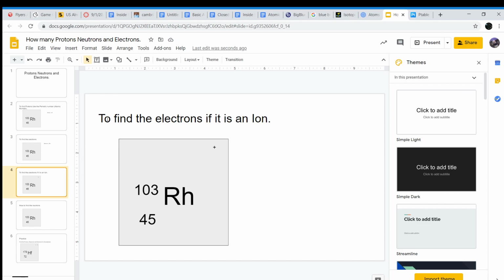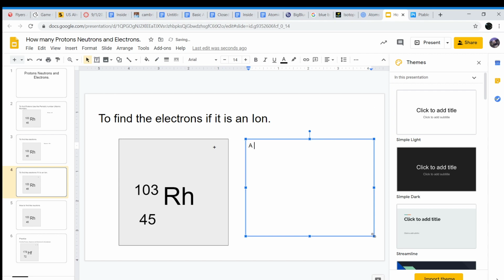Now, if you have an ion, you'll notice that in this corner you're going to have either a plus or a minus, and that indicates a charge. If you have a plus, that indicates missing electrons, and the plus represents how many electrons you are missing.